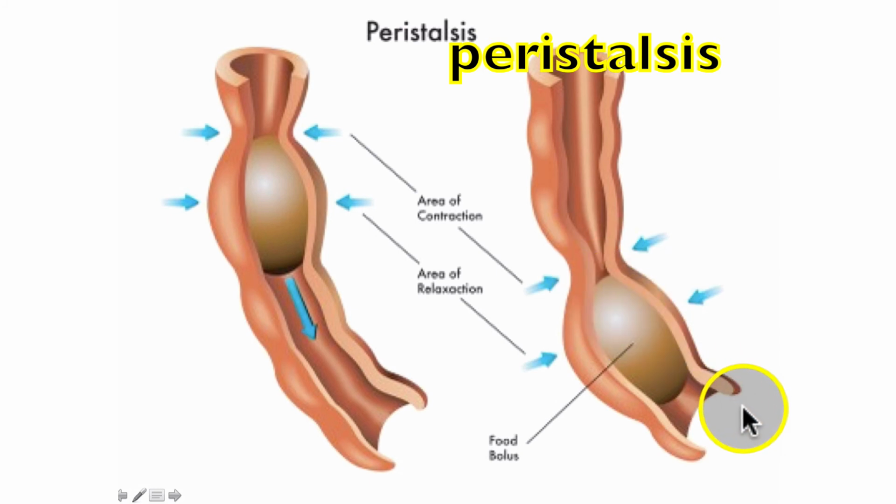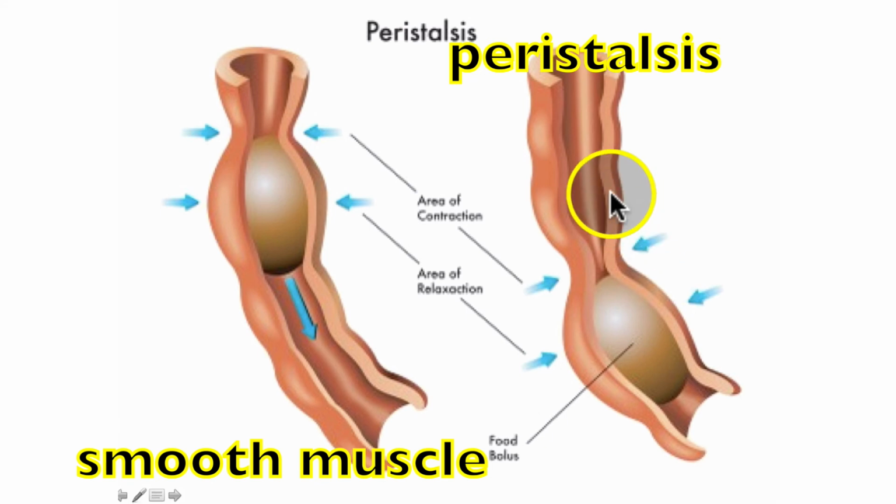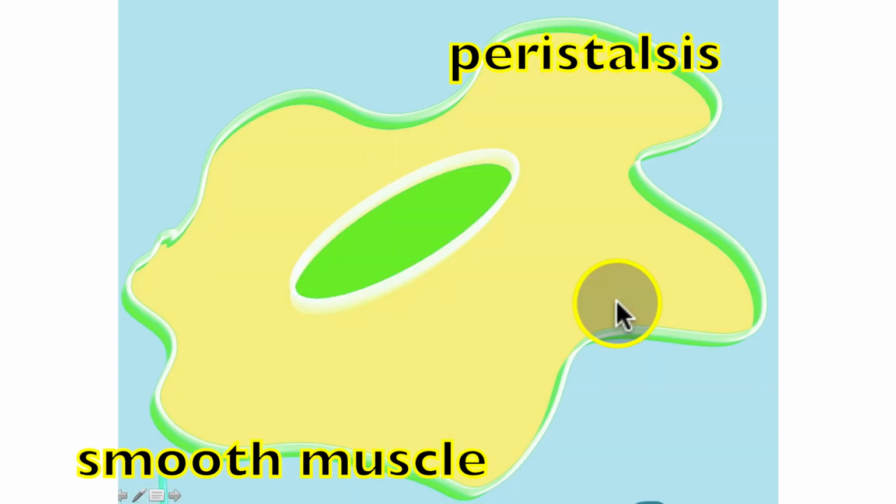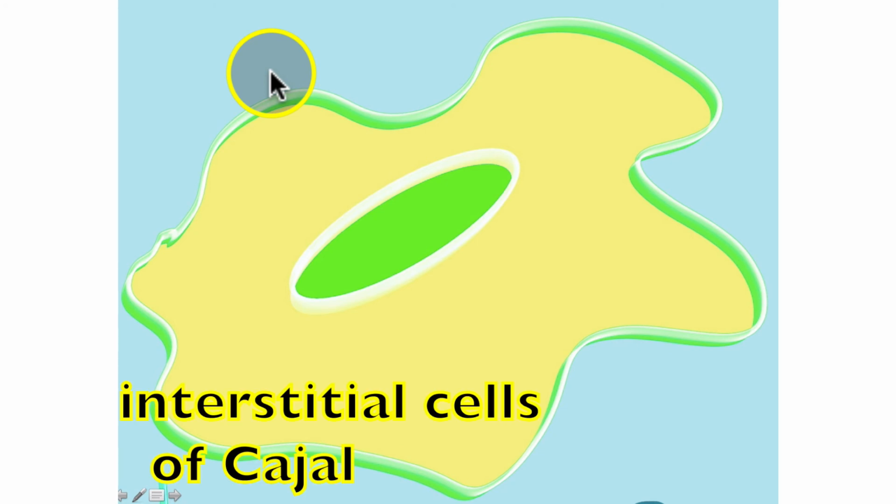So the GI tract is lined with epithelial tissue, it's lined with connective tissue, but there is also smooth muscle along the entire GI tract to aid in peristalsis, the rhythmic contractions of smooth muscle which propels the bolus or chyme along its journey. And playing a huge role in that are these interstitial cells of Cajal, otherwise known as ICC cells.